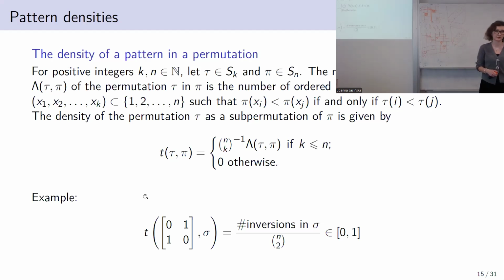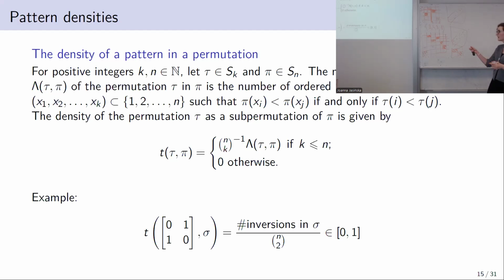Then I can think, for example, of inversions. Any two squares that are in the order that is indicated by this permutation, which is the representation of the inversion, are an occurrence of this pattern in the bigger permutation. For example, those two give me an inversion, but also this one and this one.